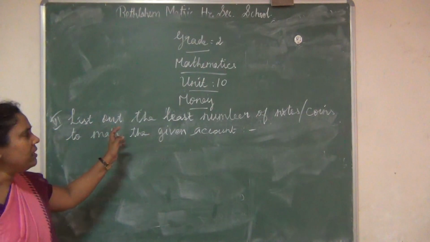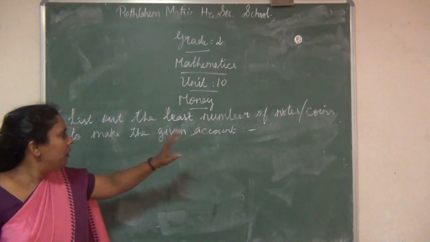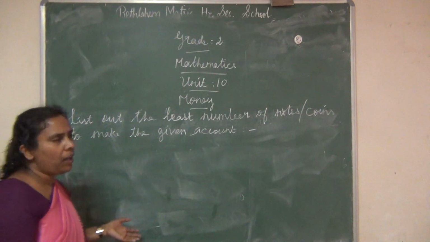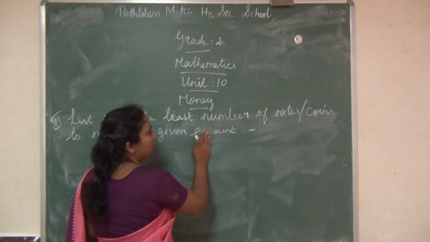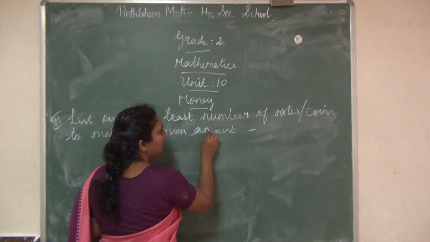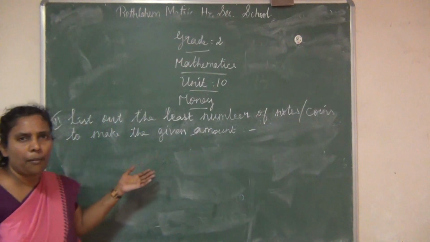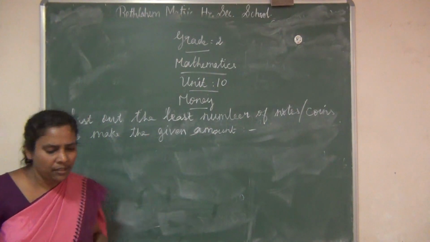What is given? List out the least number of notes or coins to make the given account, or given amount. Listen to the first question.